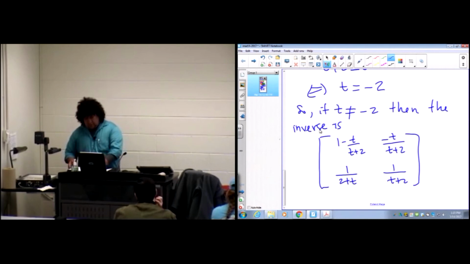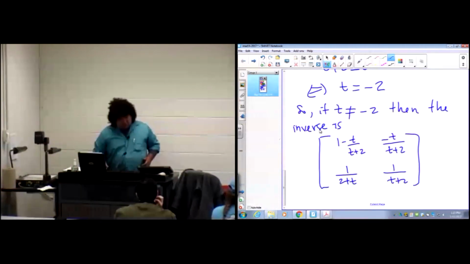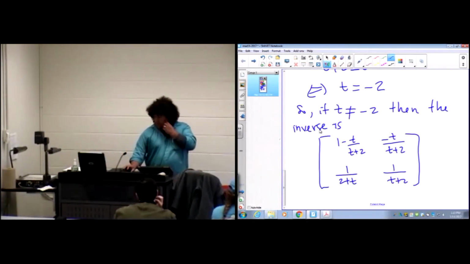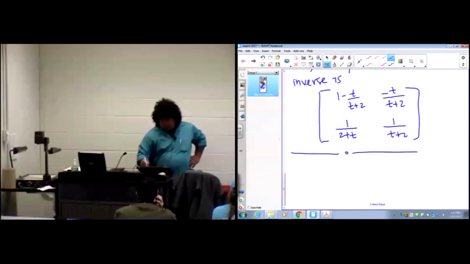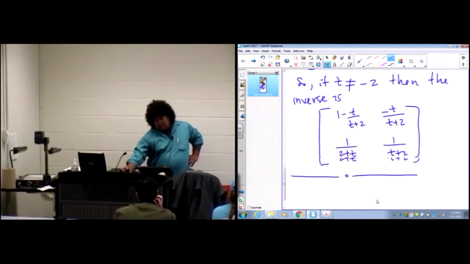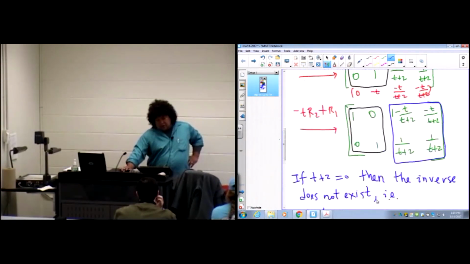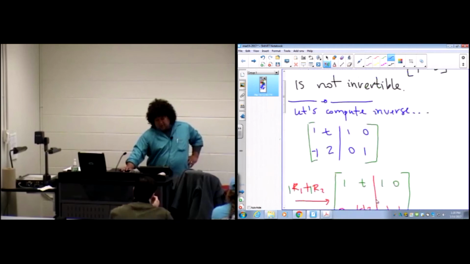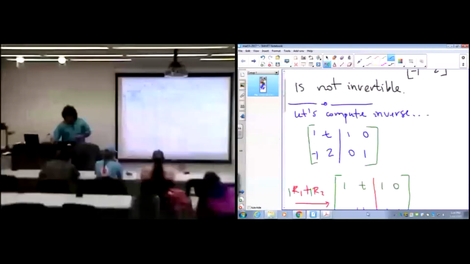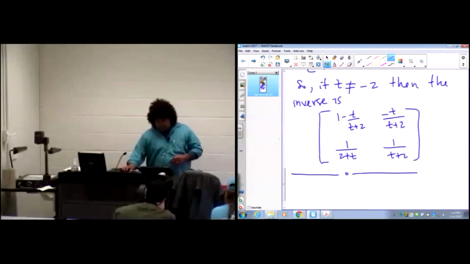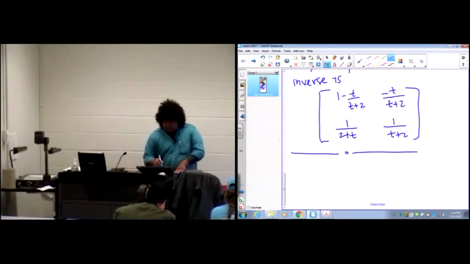Another answer: consider the determinant of the matrix with 1, 1 in the first column and t, 2 in the second column. For the matrix to be invertible, the determinant would have to be different from 0. If the determinant is 0, the matrix is not invertible, right?